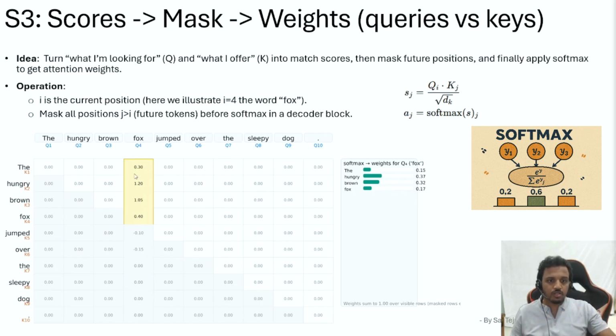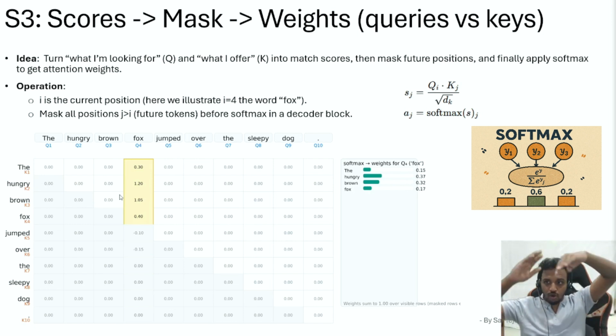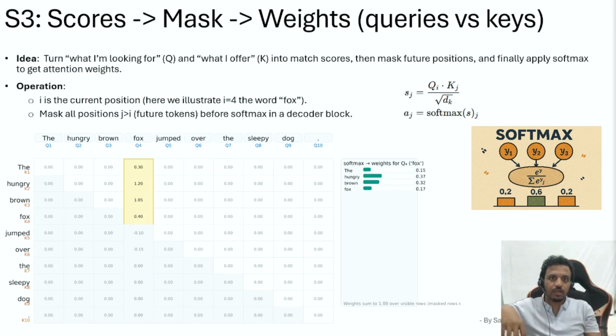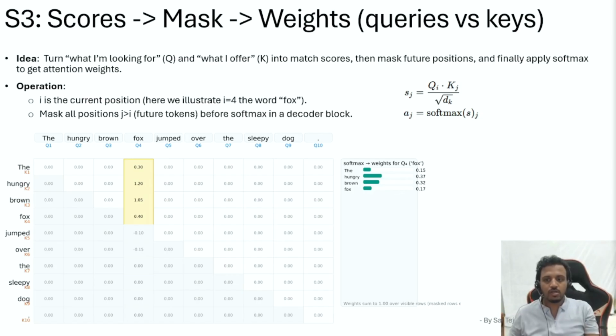Now if you see this is 0.3, after softmax is applied, the fox value becomes 0.17. The hungry with fox is 1.2, and here hungry becomes 0.37. So basically it normalizes all the matrix values such that the range is between 0 and 1, to get more sense out of the data.